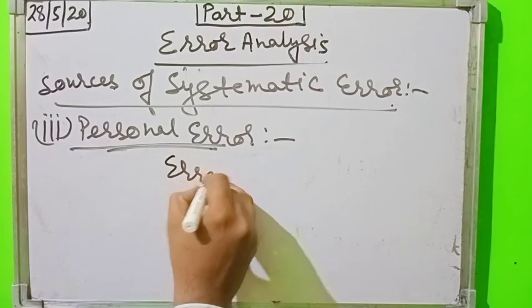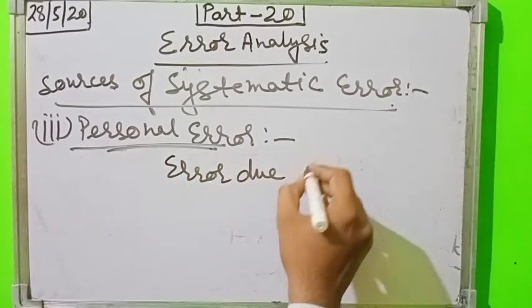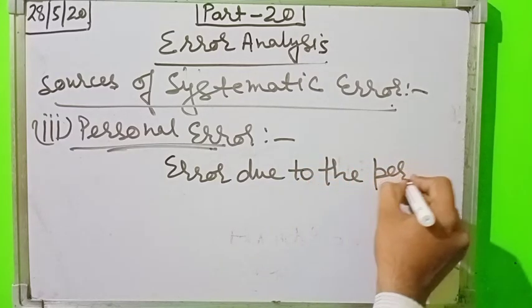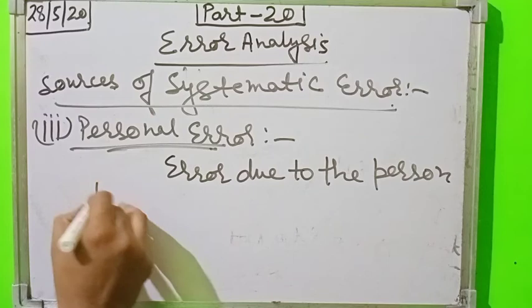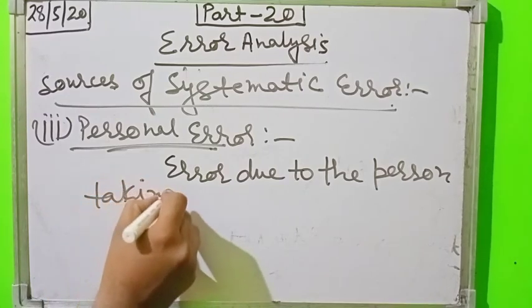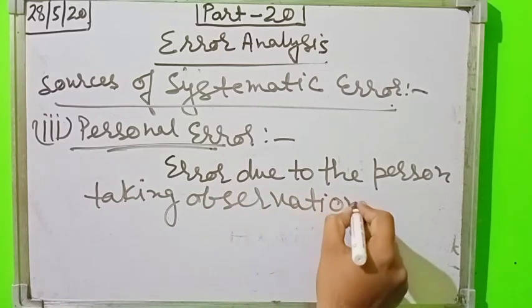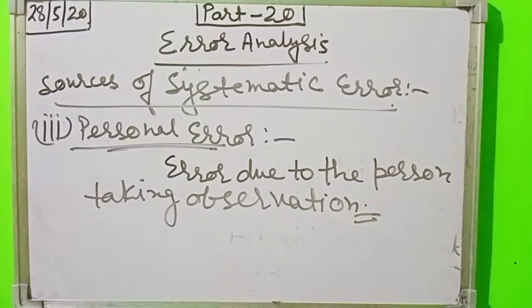Error due to the person taking the observation. The error which arises due to the person who is taking the observation is due to inexperience or how he is taking the observation.